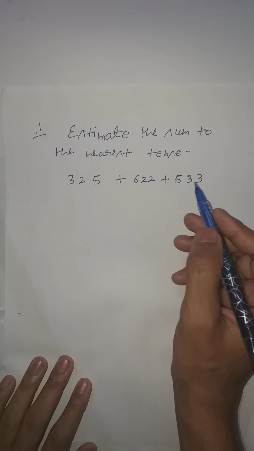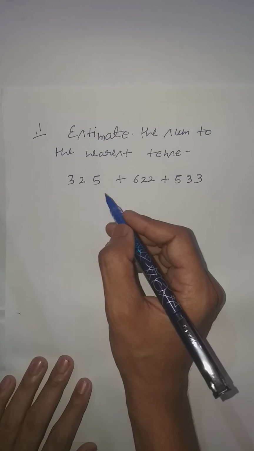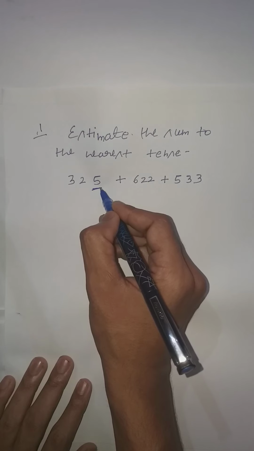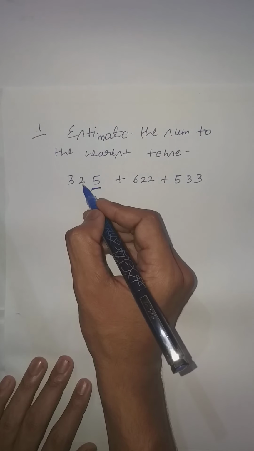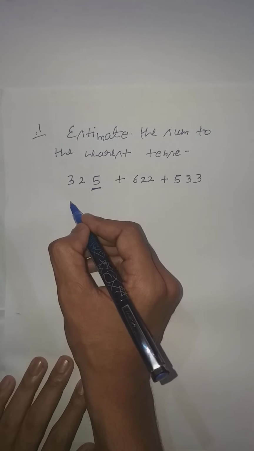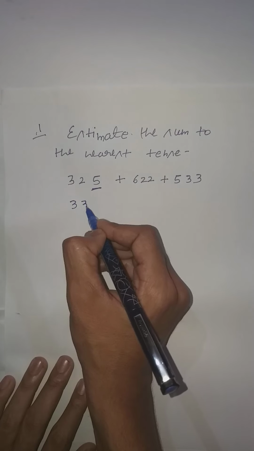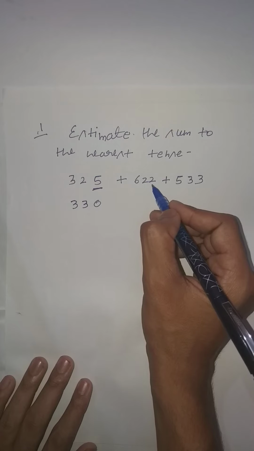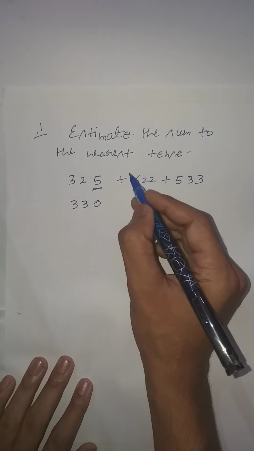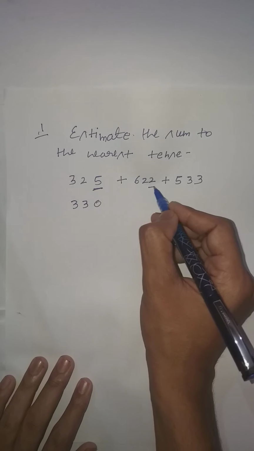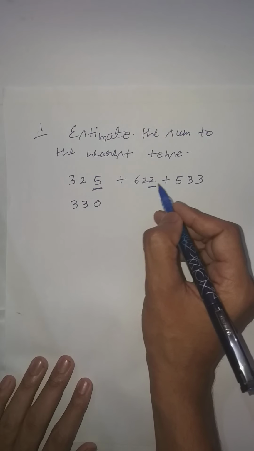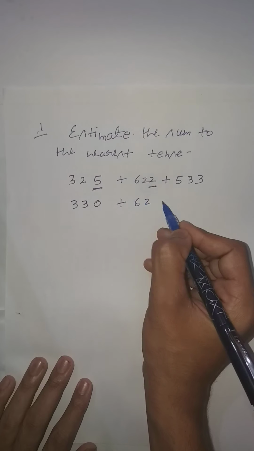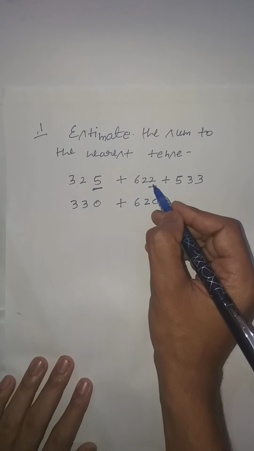For nearest tens, you will see the ones place. Here ones place is 5. So what you will do, you will increase 2 by 1. This will become 330. Now you have to estimate to the nearest tens. So you will see the ones place is 2. So what you will do, you will put here 0. So this will become 620. Why 0? Because this is less than 5.